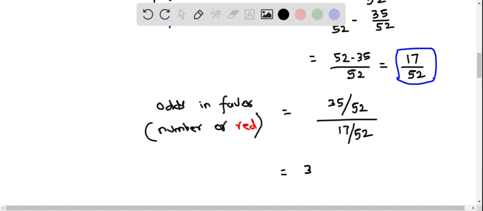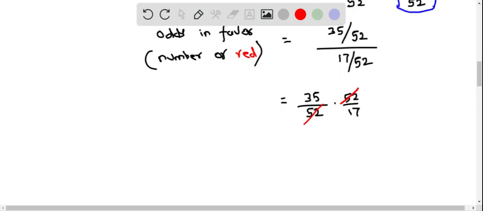So we get 35 over 52. I put the numerator fraction as it is and multiply with the reciprocal of the denominator fraction, that is 52 over 17. We see that this 52 and this 52 get cancelled. So we get 35 over 17. And this is the odds in favor of drawing a number or a red card. And this answers part A.